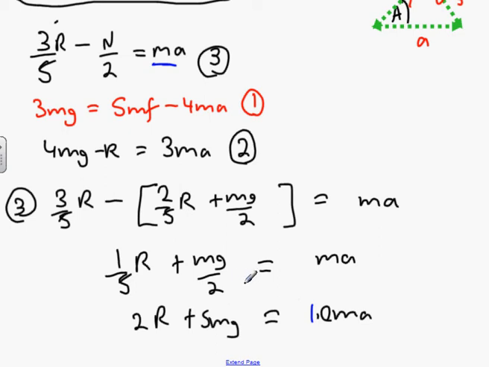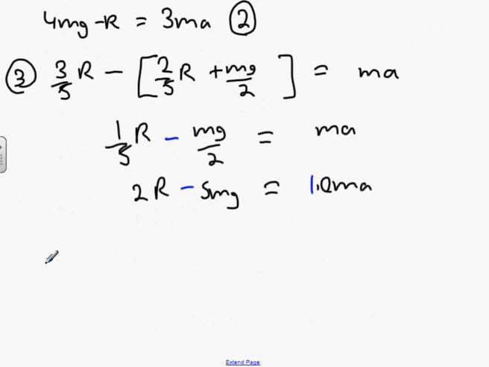It is minus mg over 2. On an absolute roll. So minus mg over 2, and that will in turn make that minus 5mg. So my bad there. Now, so that's 2R minus. I'm only going to find out.